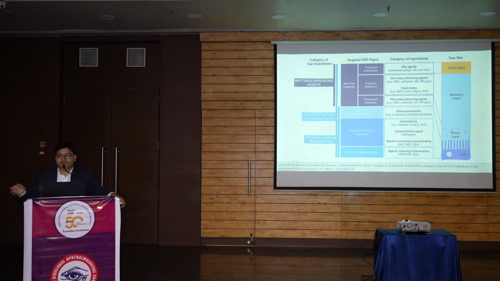If you feel it is a lipid deficiency, then use some meibomian oil or some lipid-based formulation. If you feel it is primarily aqueous deficiency, so tear stability is not there, then use something that will supplement it. Those are multiple acting substitutes. Then third is ocular surface modulator.